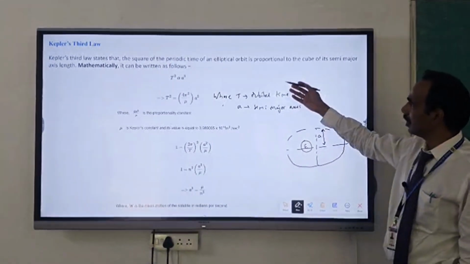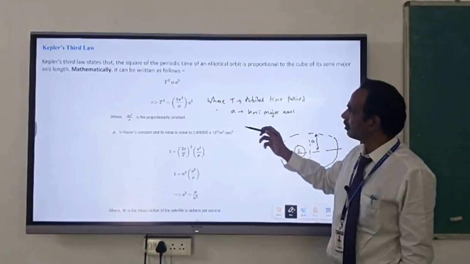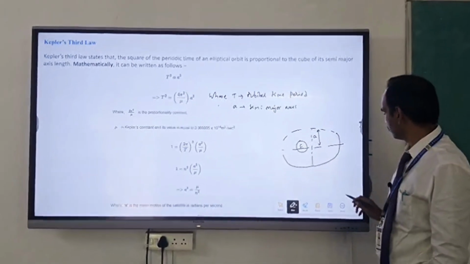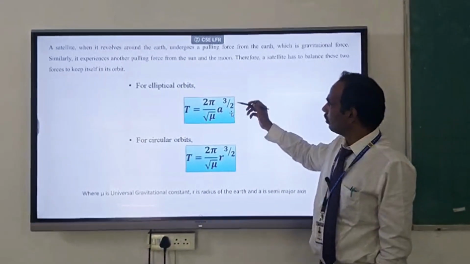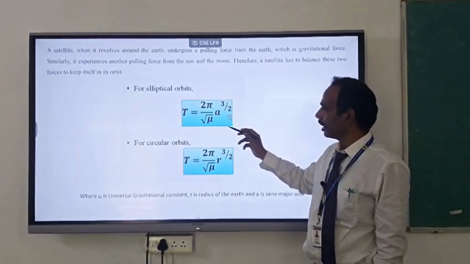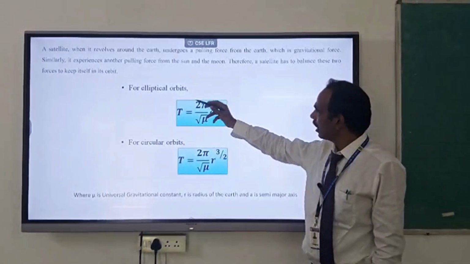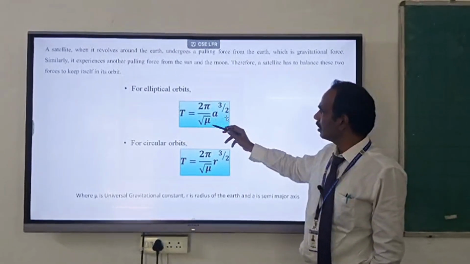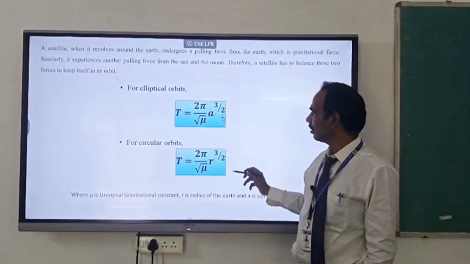So from the third law, the square of the period is directly proportional to the cube of the semi-major axis. The orbital time period is the time taken to complete one orbit. For elliptical orbits, T equals 2 pi by square root of mu, a power 3 by 2. Similarly, for a circular orbit, this is the formula.